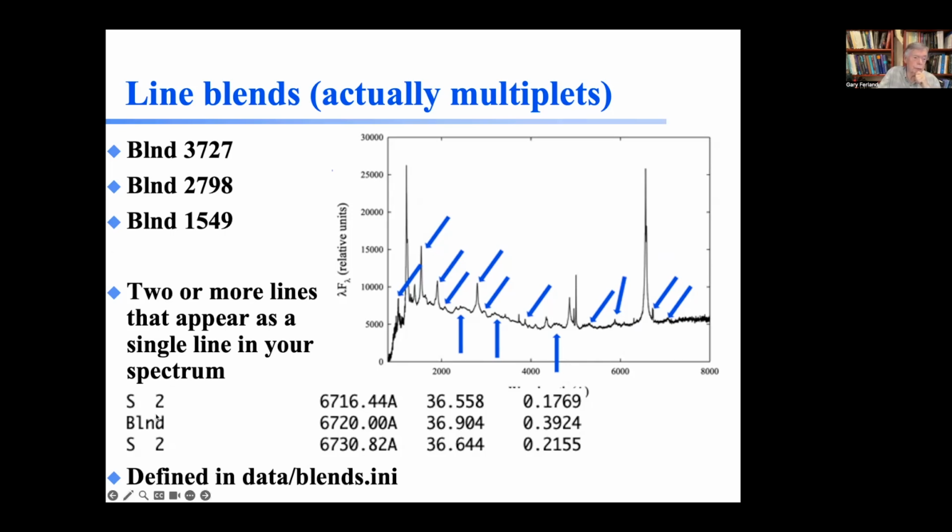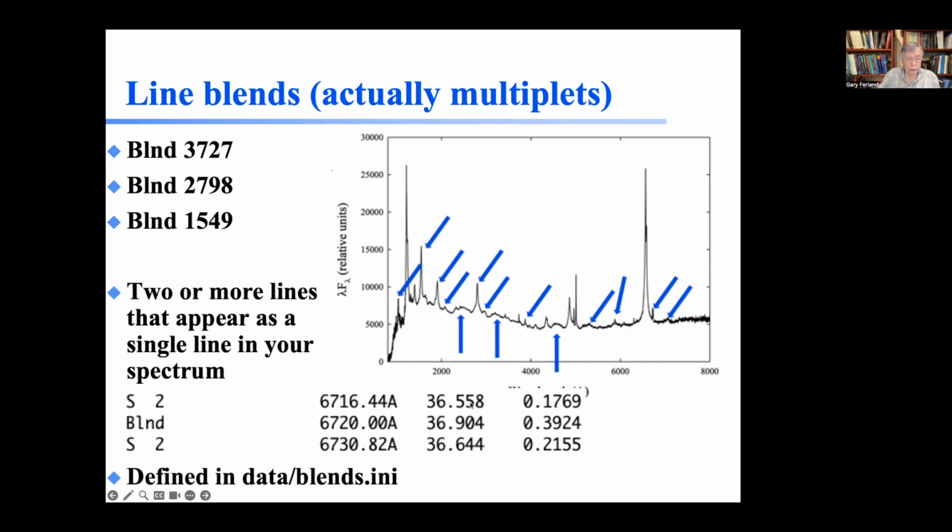In the Cloudy spectrum, this is the line out here longward of H alpha. Sulfur II is a very famous density diagnostic. At high resolution, you'll see one line at 6716, another at 6730. At low resolution, you just see a single line, a blend at 6720.